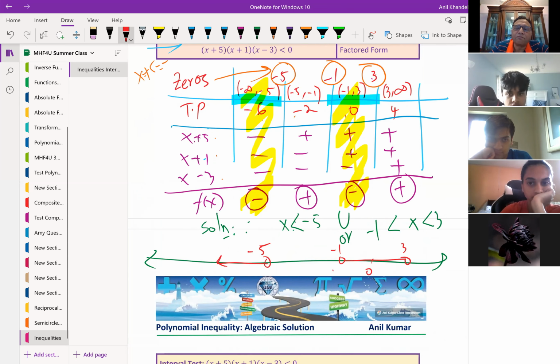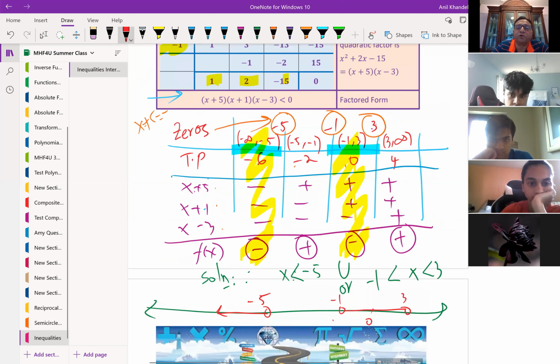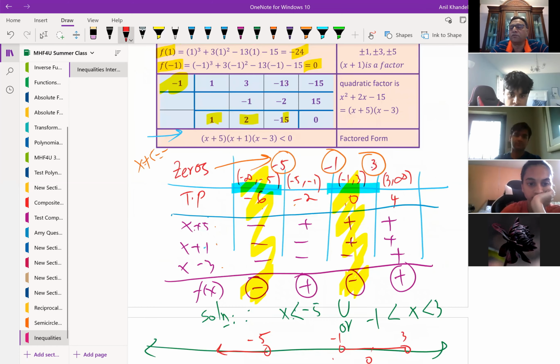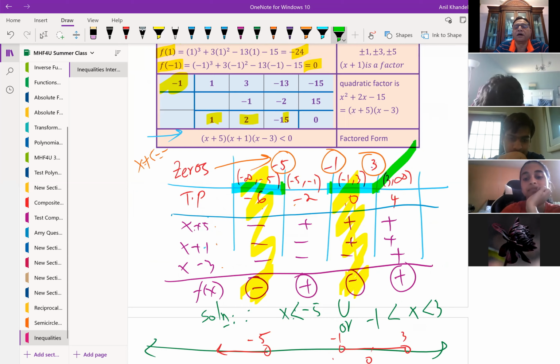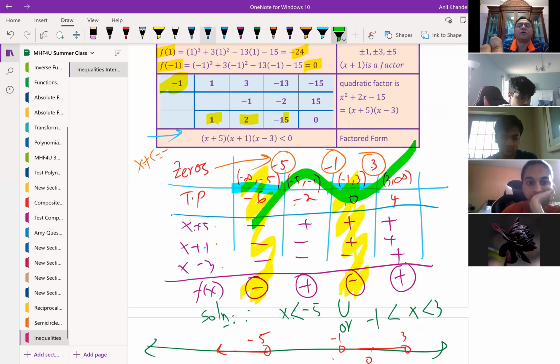Now, you could do one more thing here. This is a polynomial, the leading coefficient is positive, and therefore I could sketch a polynomial going through, let's say, these are my three zeros, 1, 2, and 3. Since the leading coefficient is positive, the graph of the polynomial will be like this. You can see from the graph that it is positive in this area and negative here.